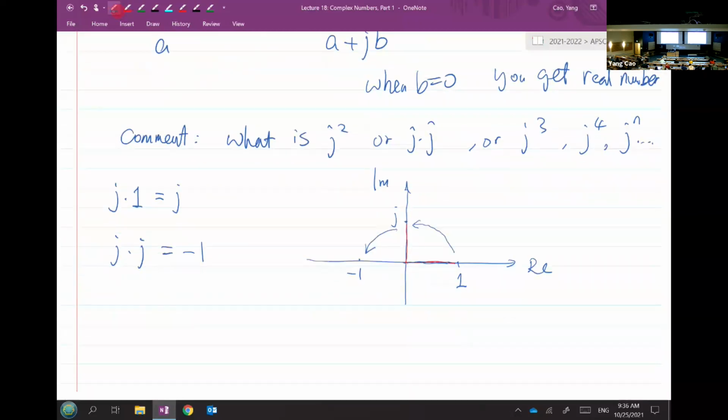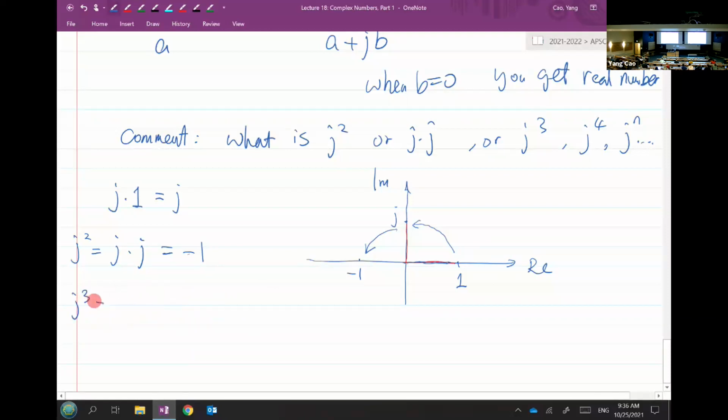So now you can do the next one. How about j times -1, which is j times what? j squared, right? Because -1 equals j squared. So j times -1 is j times j squared, which is basically your j cubed.